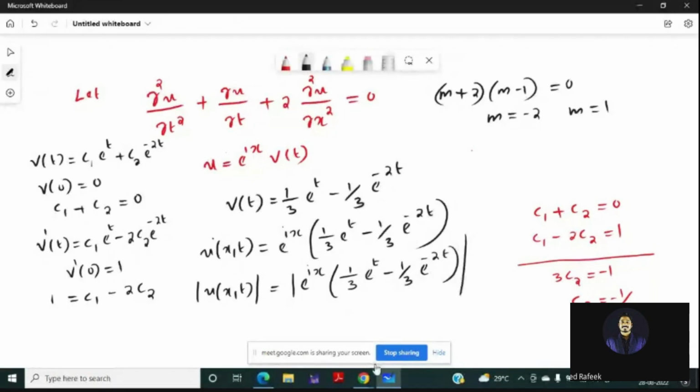Modulus of that is always equal to 1 only. So cos square x plus sin square x will come. That is 1 only. So because of the properties of the modulus function, this can be written as the modulus of e raised to ix into 1 by 3 e raised to t minus 1 by 3 e raised to minus 2t.